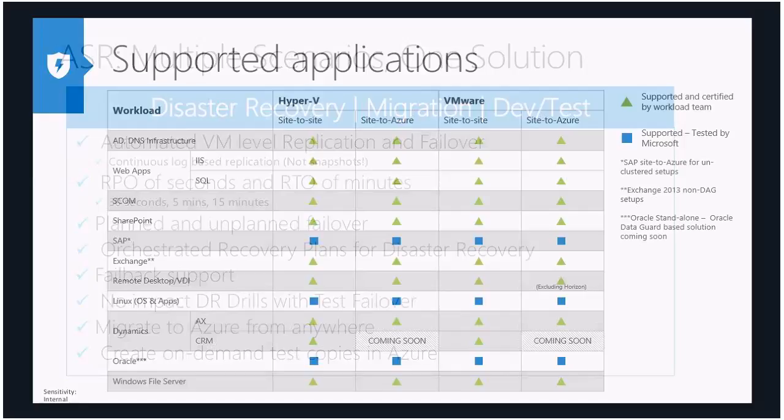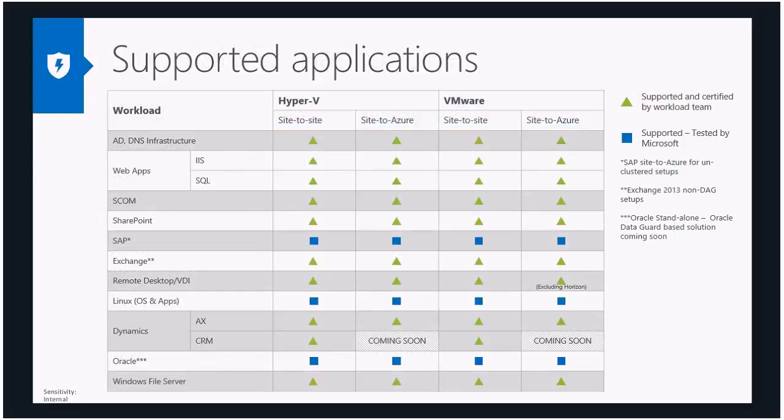So what's supported from an application standpoint with the solution? Well, Microsoft has tested many different scenarios and applications and continues to enhance and add to the solution. So we see in the table or in the chart here the key differentiations between Hyper-V and VMware, what's been validated.